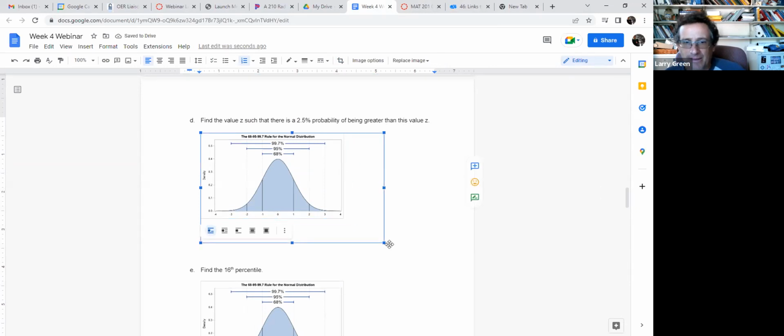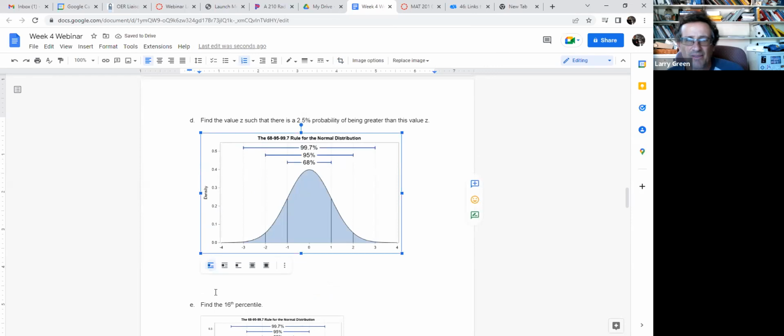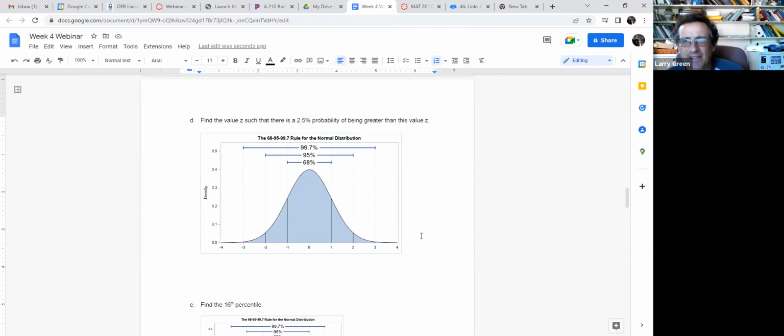All right, let me make it a little bigger so we can see it better. So we want to say there's got to be a 2.5% probability of being greater than some value. By the way, if there's a 2.5% chance of being bigger than you, are you big or are you small?